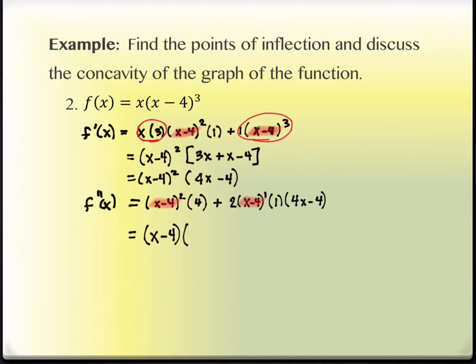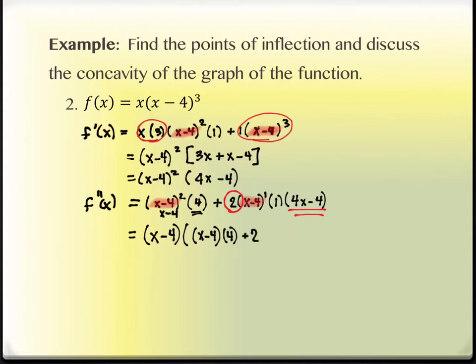When I do that, there's still an x minus 4 left over here, and it's times 4, right? So if you want, and I will just this time only, I'll write x minus 4 times the 4 that's there. You could certainly multiply that out at that point. That'll be fine. Over here, I'm left with a 2 and a 4x minus 4.